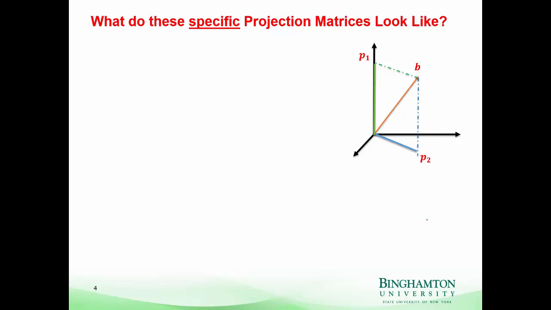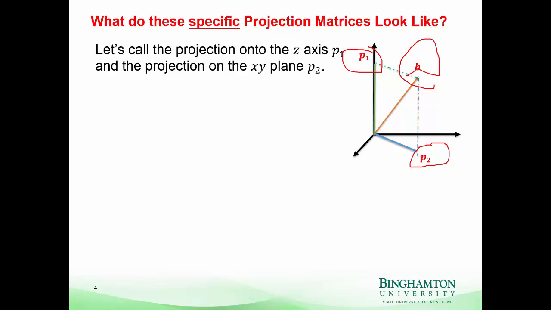So what do these specific projection matrices look like for this particular case, where we're projecting some vector b, given here, onto the z-axis? What does that projection matrix look like? And what does it look like when we're projecting onto the xy plane? Well, if we call the projection onto the z-axis P1, and the projection onto the xy plane P2, there's our b. We know that p1 has to be equal to this, right?